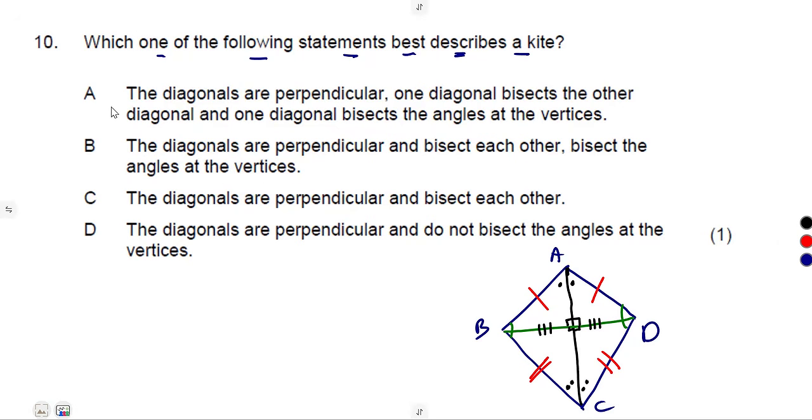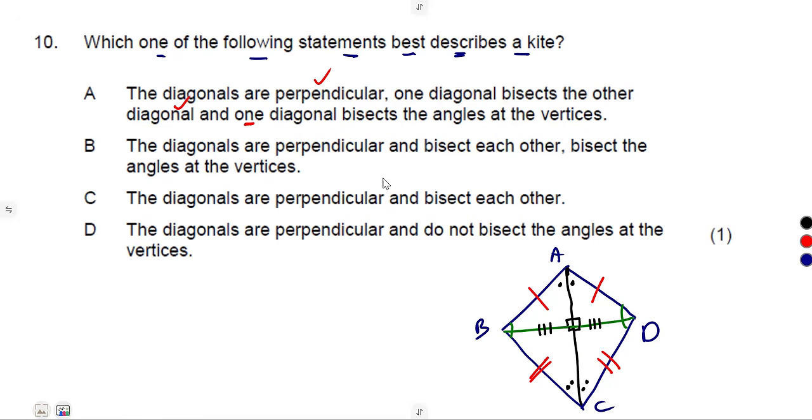All right. A, the diagonals are perpendicular. So the first part is okay. One diagonal bisects the other diagonal, as we can see. One diagonal, only one diagonal, AC, bisects BD. Okay, that statement is actually correct. And one diagonal bisects the angles at the vertices.